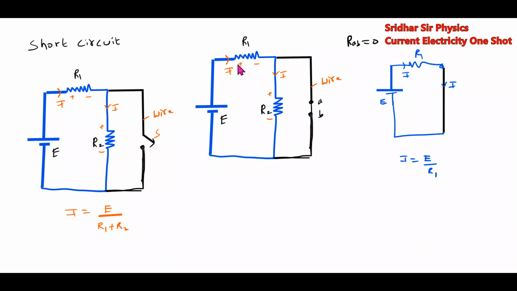So actually what happens, this current I will not branch here. It will flow here. No current will pass through the resistor R2. There won't be any current flowing through the resistor R2. The current will take the path like this. No current here.